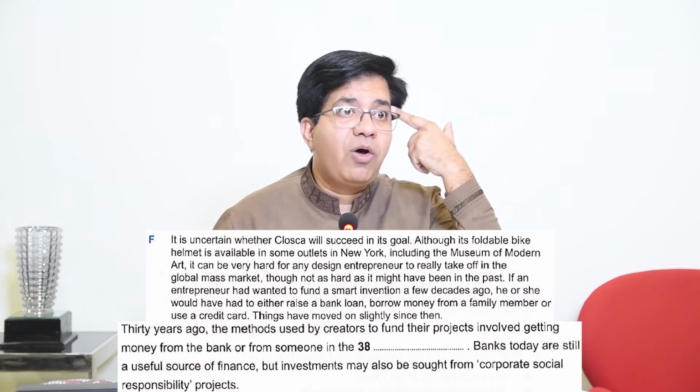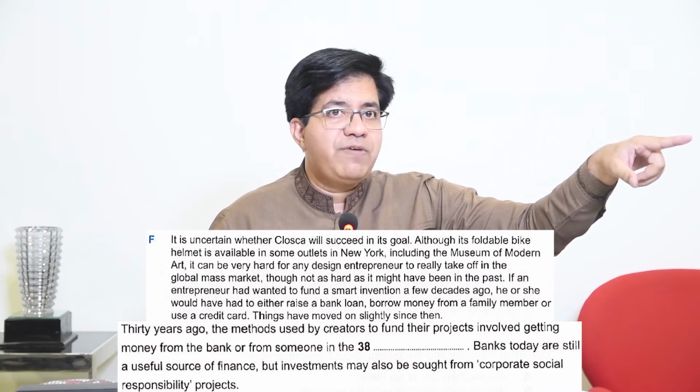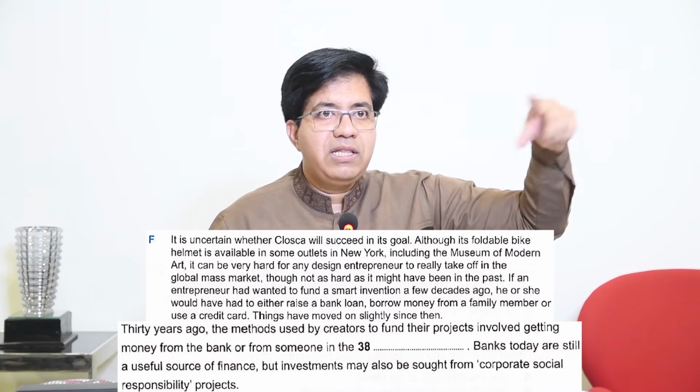Now remember it always. So the answer is family. And if you write family member, your right answer will be wrong because it's one word only. And even if it is two words, it will be wrong because they've already used someone in the, someone means member.